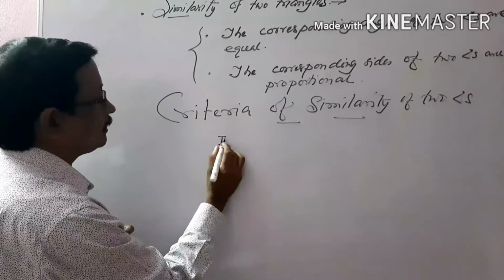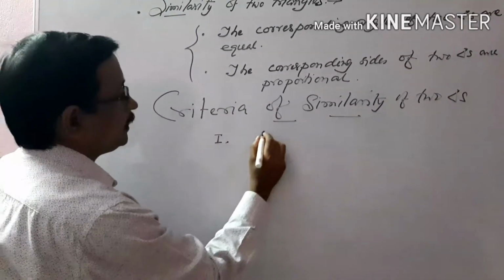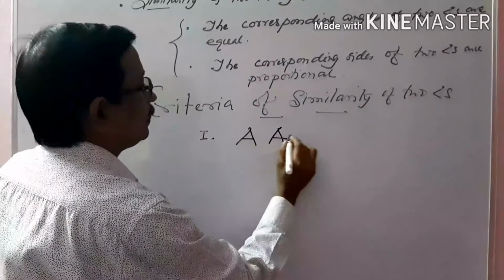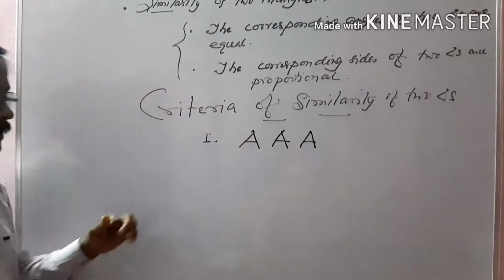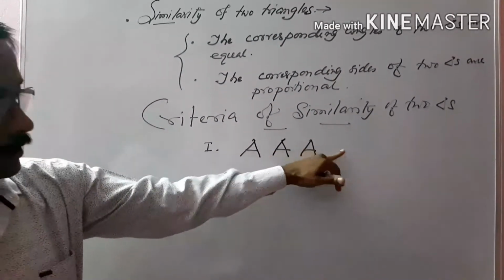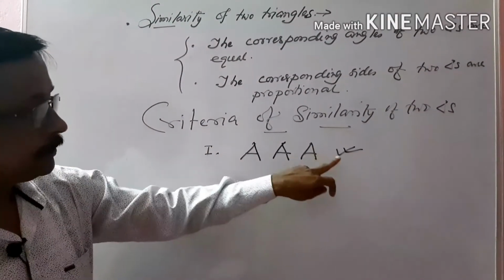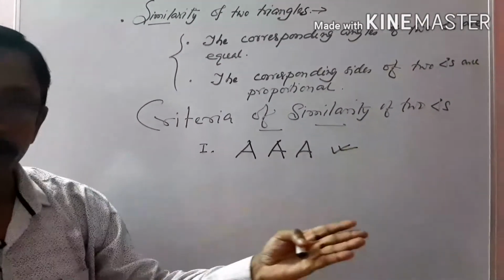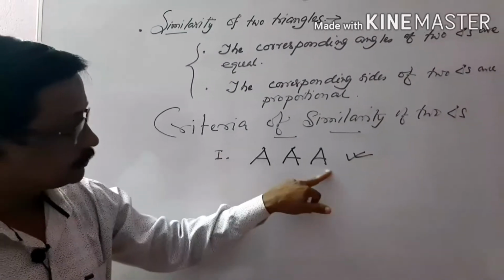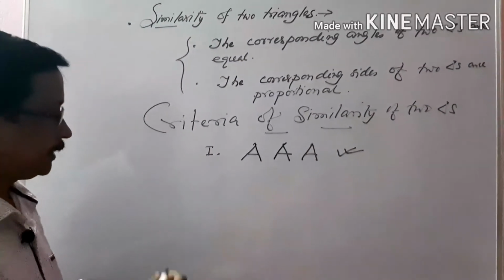The first criterion is angle, angle, angle: the corresponding angles are equal for both the triangles. This is one condition for similarity of two triangles.